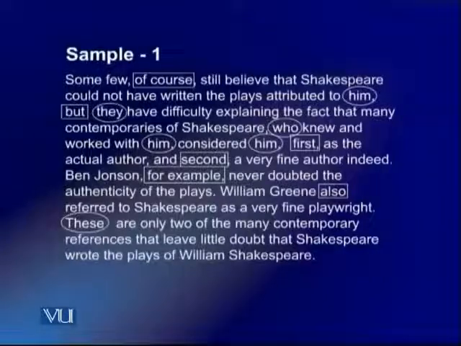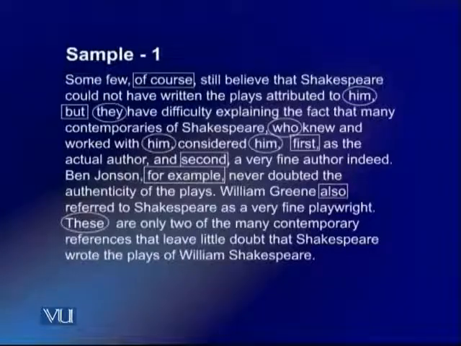Now we will look at the words that were in boxes. These are the connectives. And there are 6 connectives in this passage. And you will notice that these connectives belong to different categories. The first boxed phrase is of course. And you will notice that this is an example of illustration.